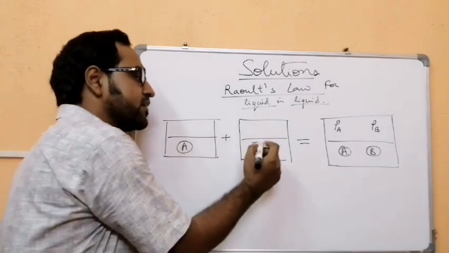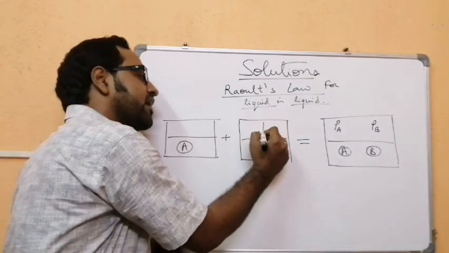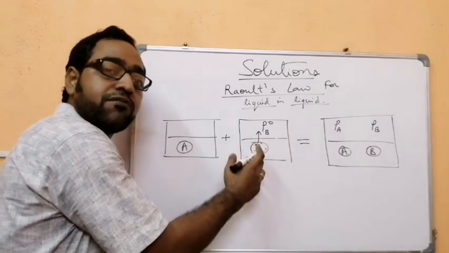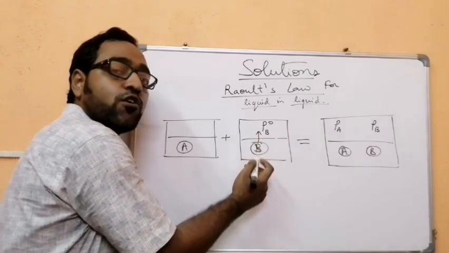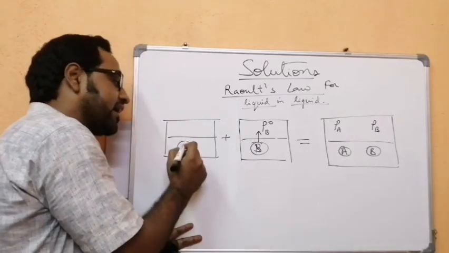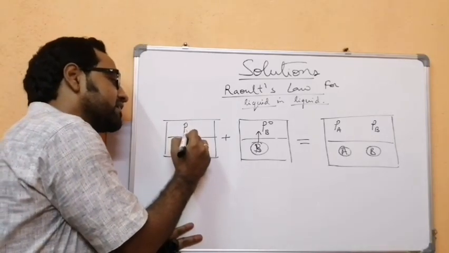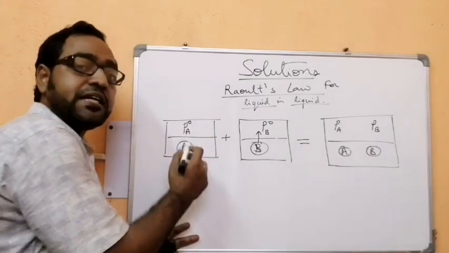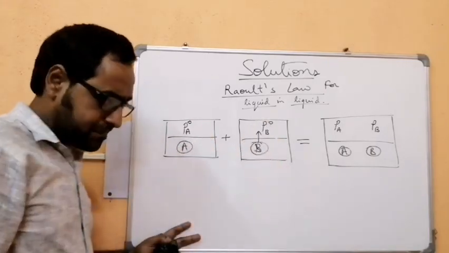Now in the pure liquid, B will evaporate and its partial pressure will be PB naught. Here we don't have partial pressure since only component B is present. Again, when component A is present, then this is the pressure of the pure liquid A. So we write PA naught, PB naught.